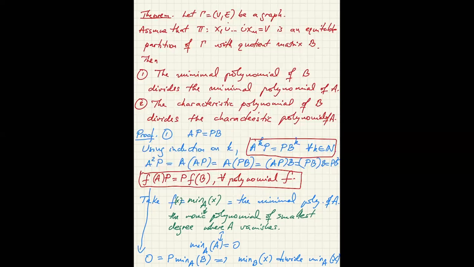Okay. So now this is not so bad, but again, the second part is stronger, and for the second part we want to talk about characteristic polynomials. So we want to prove that the characteristic polynomial of B divides the characteristic polynomial of A. Now the first step is that we know that the columns of P are linearly independent in R^n, let's say n is the number of vertices.